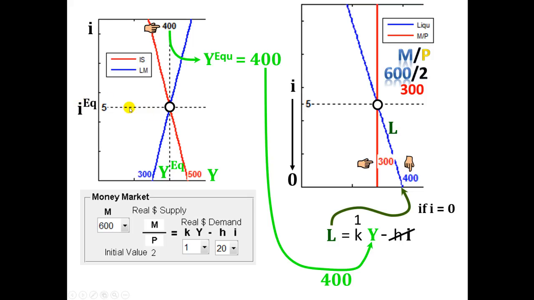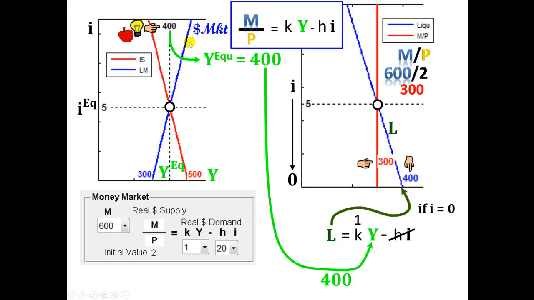Well, because we found this intersection out of the equilibrium in the goods and services market and in the money market. So we use the money market equilibrium, in which this is equal to this. As we use the information that real money supply is equal to real money demand to find this, this point is bound to fulfill this condition, that real money supply, which is the red line, is equal to real money demand, which is the blue line.